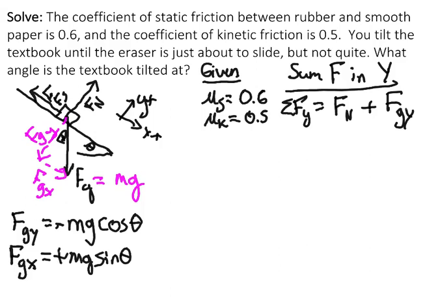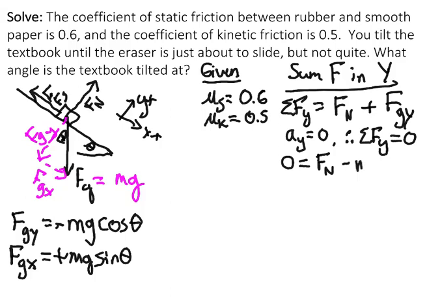All right. The next thing I could do is say, well, I know it's not accelerating in the y direction for sure. It's not jumping off the textbook or something like that. So that means the net force in the y direction will be 0. So I can say 0 equals F_N plus F_Gy, but let's fill in what F_Gy is since we just did that here.